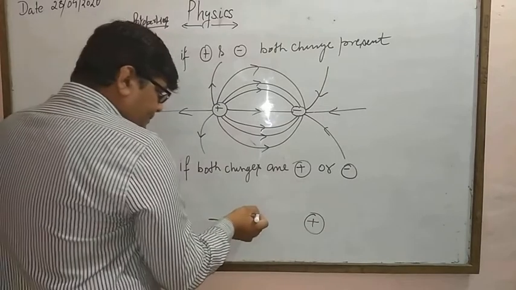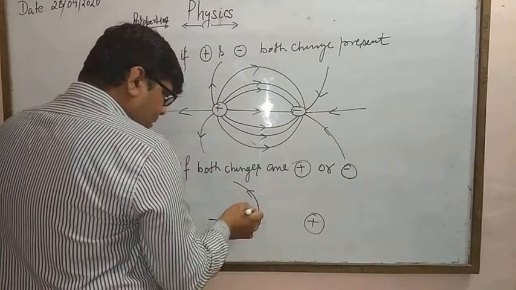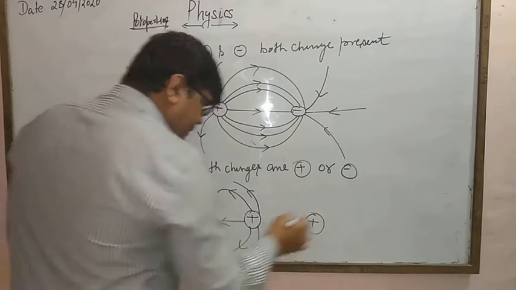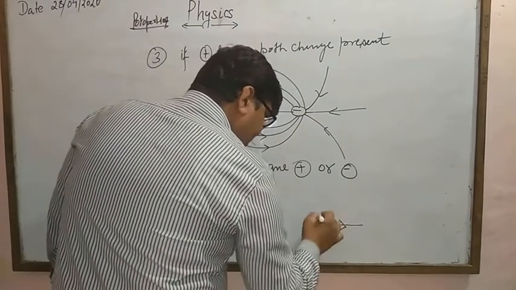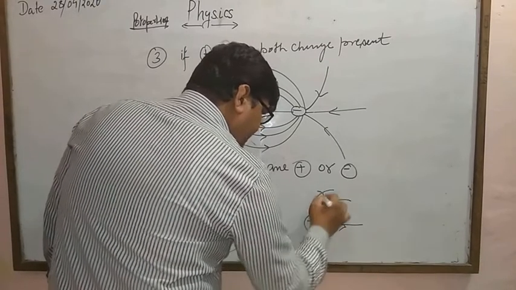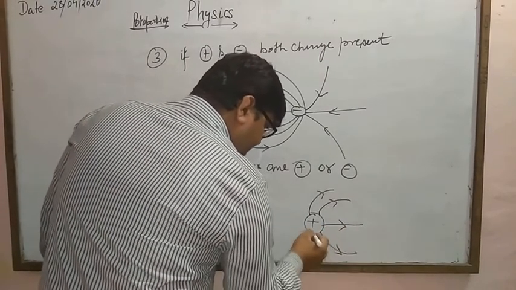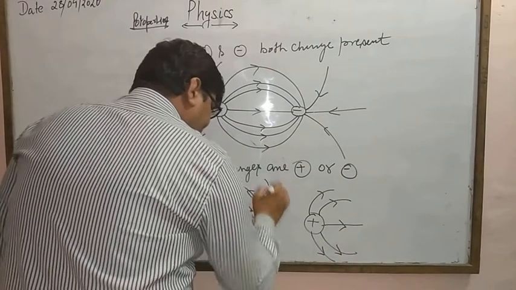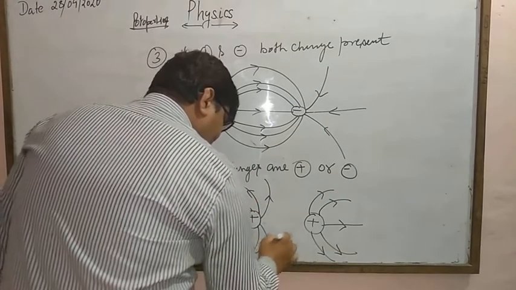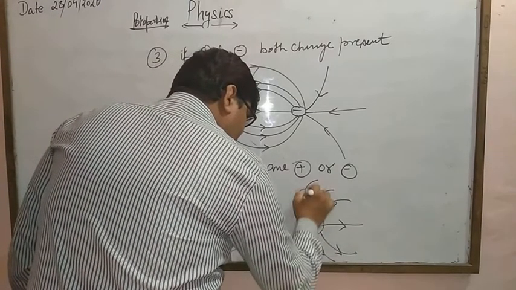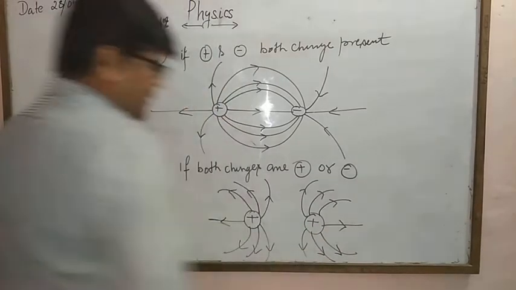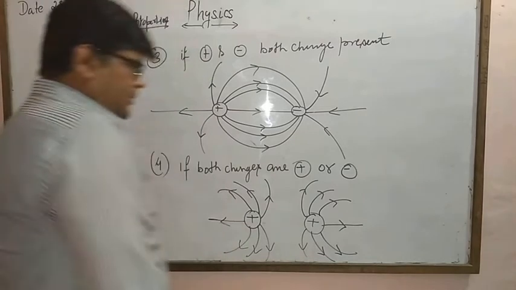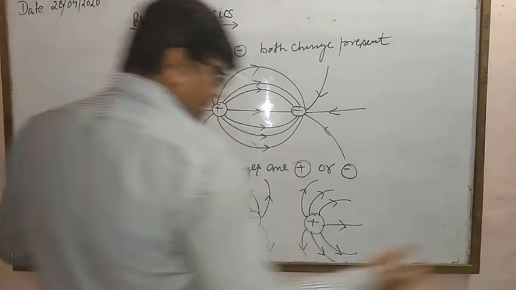Lines coming from positive are repulsive in nature due to electrostatic repulsion force. Similarly, when both charges are negative, the lines are repulsive and expand in nature.